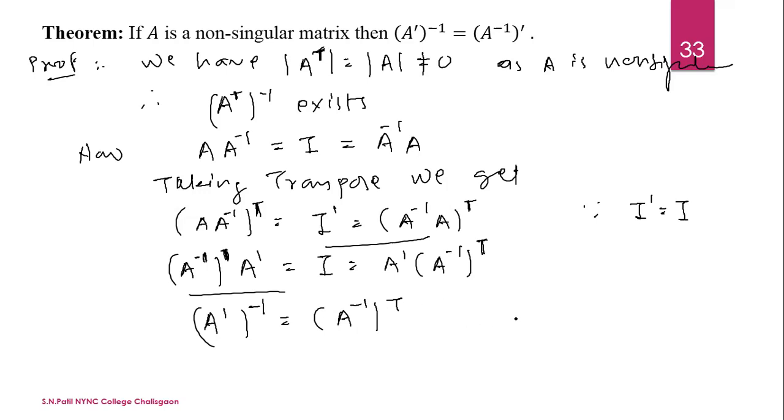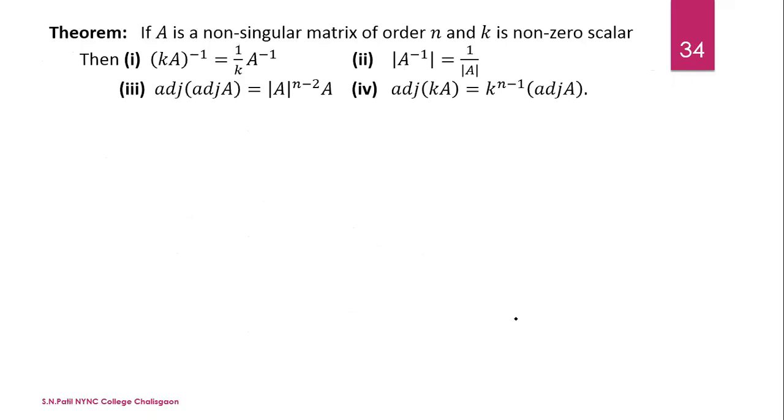Now next, there are four proofs. A is a non-singular matrix of order n and K is a non-zero scalar. Then K into A bracket raised to minus 1 is equal to 1 upon K, A raised to minus 1. Let us prove the first one first.